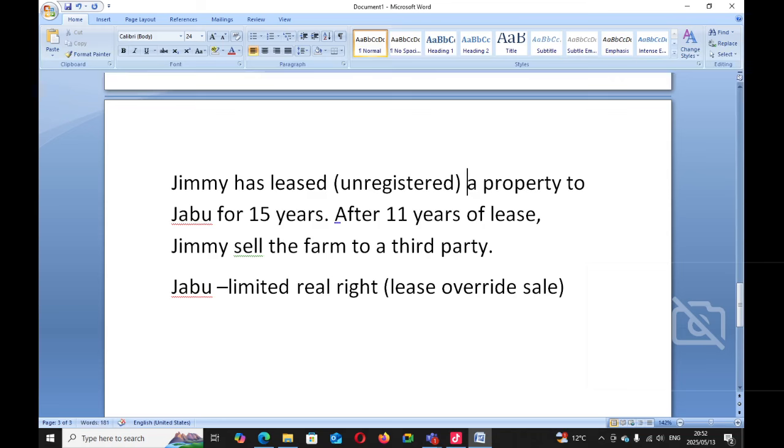Jabu will not have a limited real right because the lease overrides sale will not be applicable. Therefore, the only applicability will be the Formalities Act. You know the Formalities Act, right? The Formalities Act will be the one which will create the doctrine of notice. Therefore, the doctrine of notice will be created by this statute.